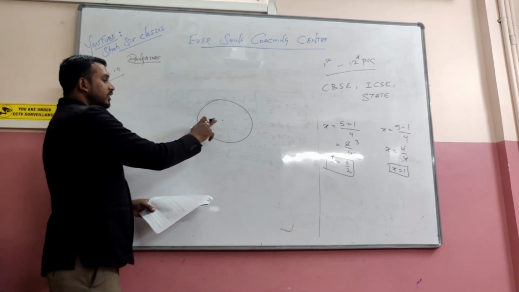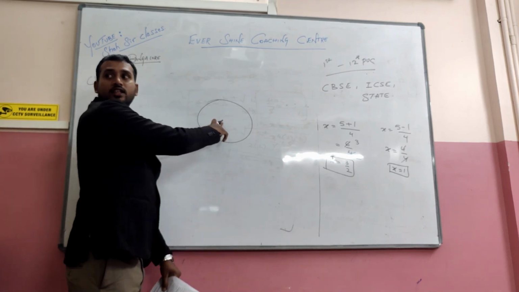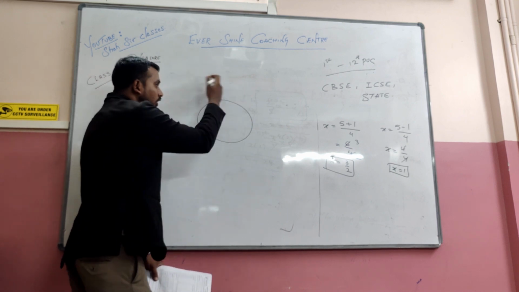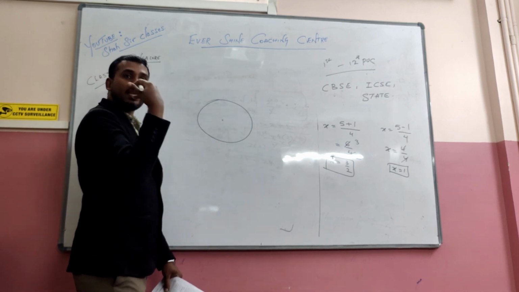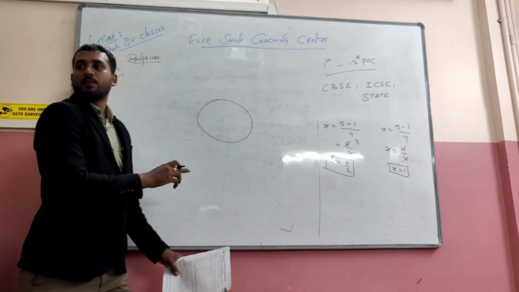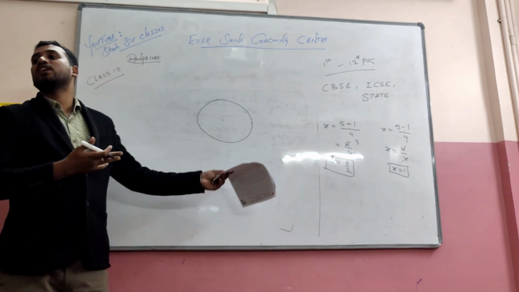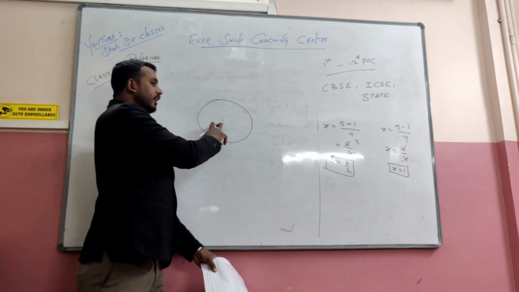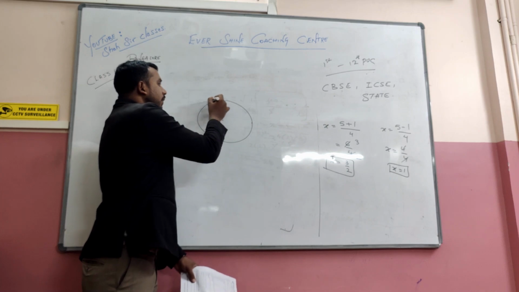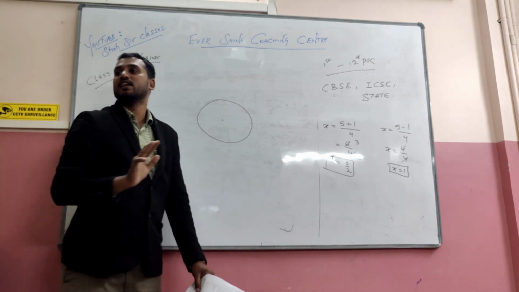See here, this is the center. On the circumference of the circle, mark anywhere a point. A point here. This is center end. This is non-center end. Anywhere on the circle if you put a dot, that is called a non-center end.